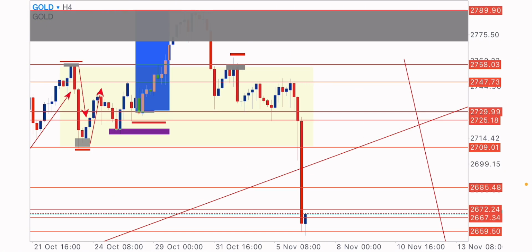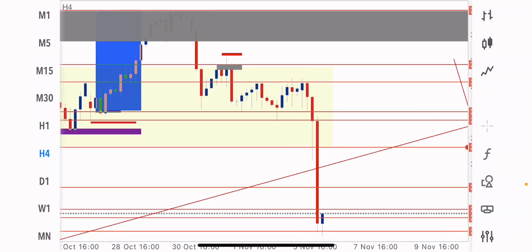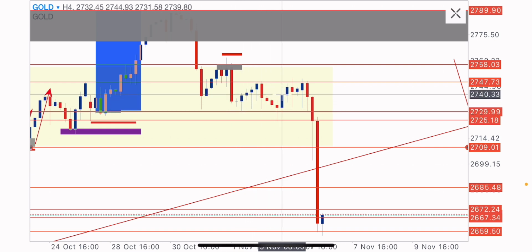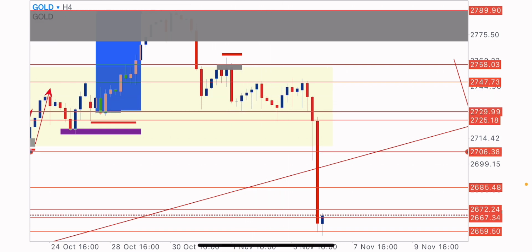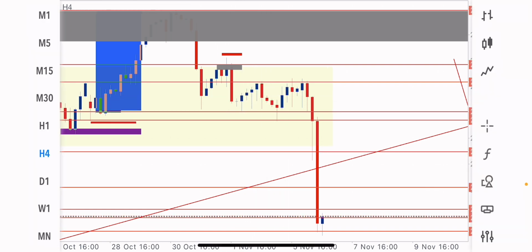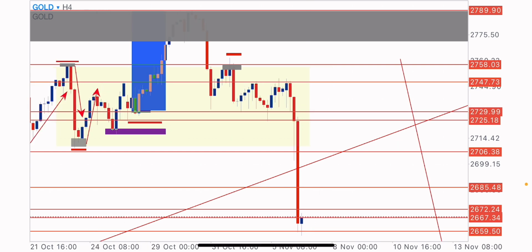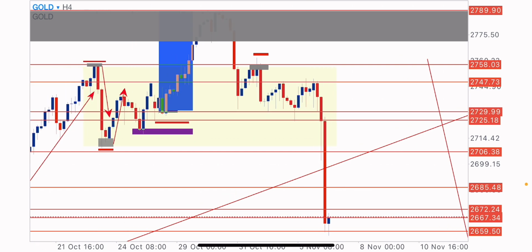Okay, looking at this here, we could see that yes, we had a beautiful move here. Therefore, our trade from this level here was going to be a beautiful trade, because we would have also entered other trades at this level here, giving us a continuation to the downside. So this is how simple it is.